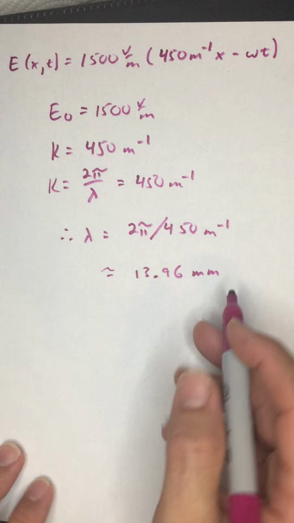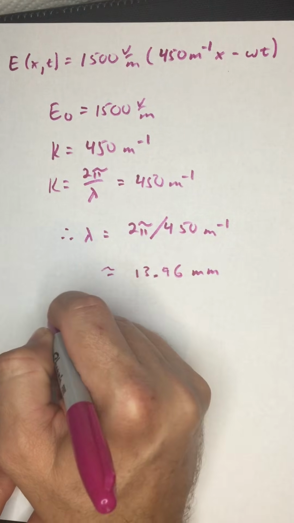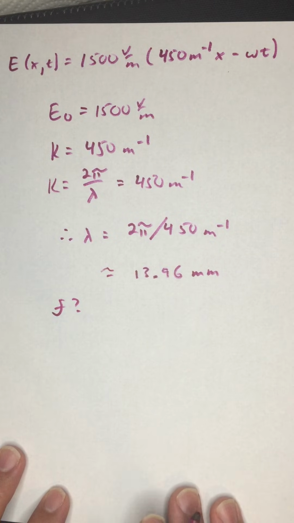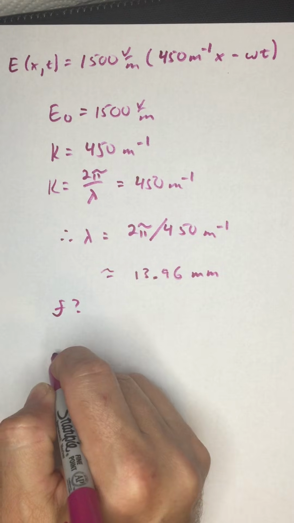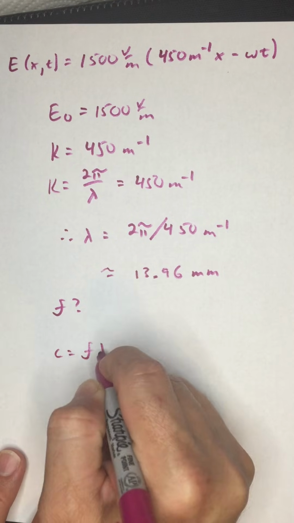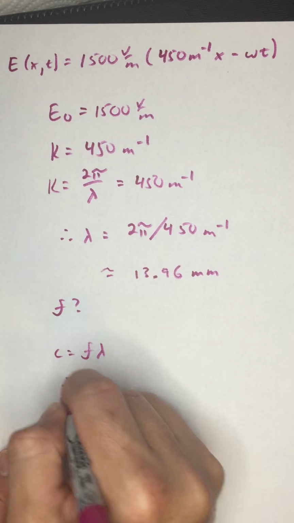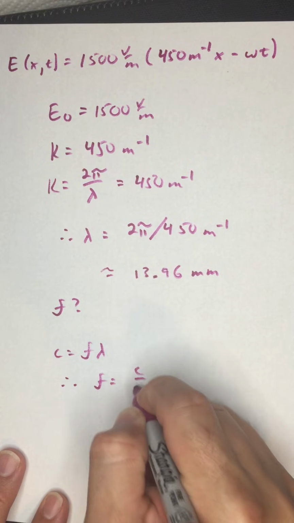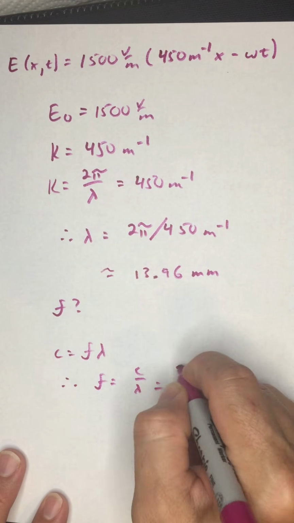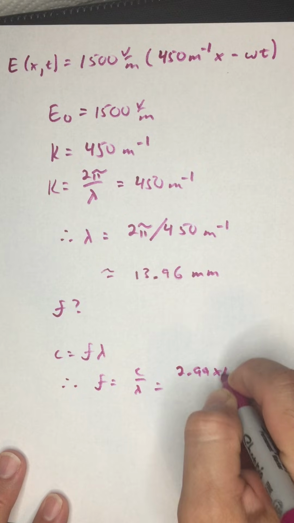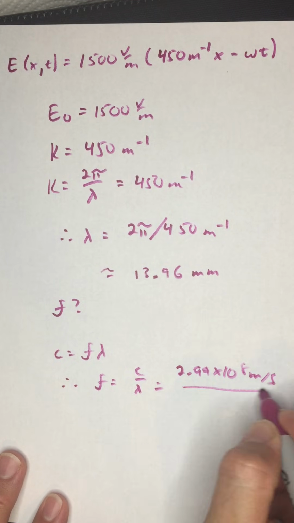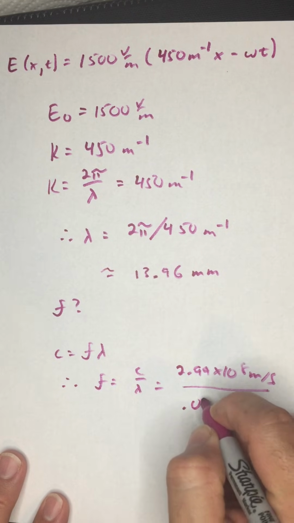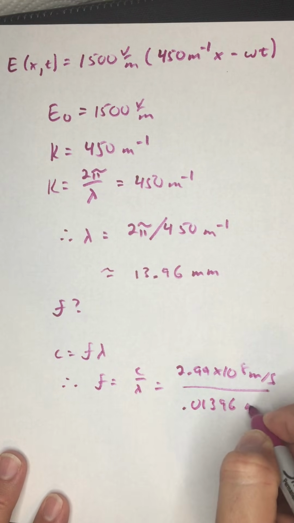Yep. All right, so now what is the frequency? Well, I don't have an angular frequency that's been given, but I do know that c is equal to f lambda. Therefore, f is equal to c over lambda. So what do I get? 2.99 times 10 to the 8th meters per second divided by 0.01396 meters.